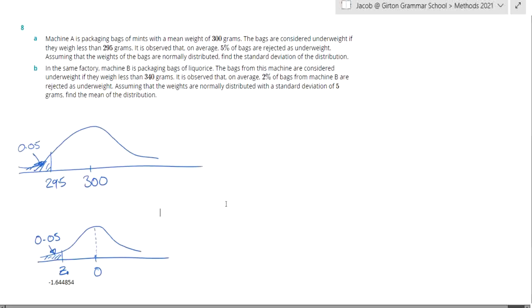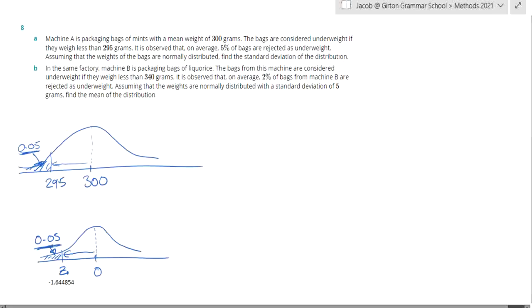Now what that means is the distance in standard deviations, that distance is 1.644 standard deviations, which means that this distance here is also 1.644 standard deviations. Okay, so because these probabilities are the same, that means they're the same distance from the mean in terms of standard deviation.